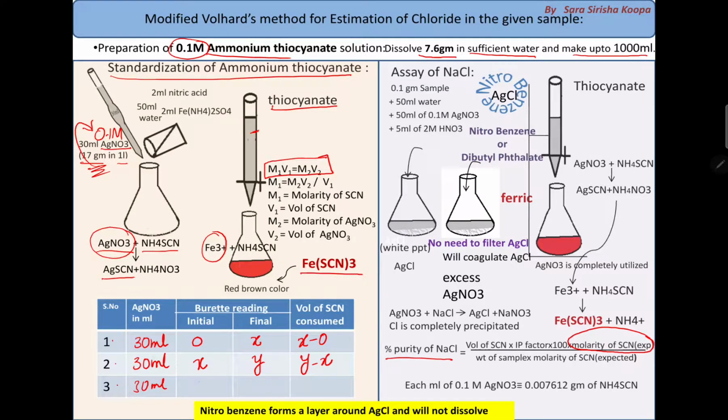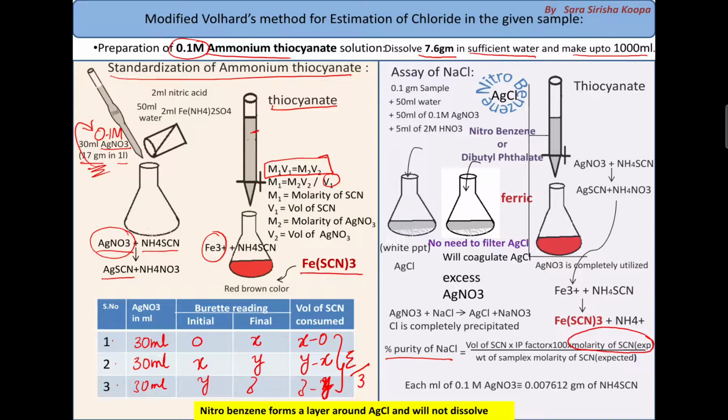Next, 30 ml, Y, Z, final minus initial. Whatever the values, you have to sum all these. Then you have to divide by 3, and that volume you have to write here. Now the standardization method is completed.